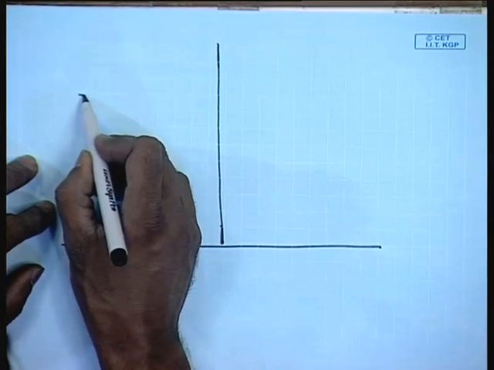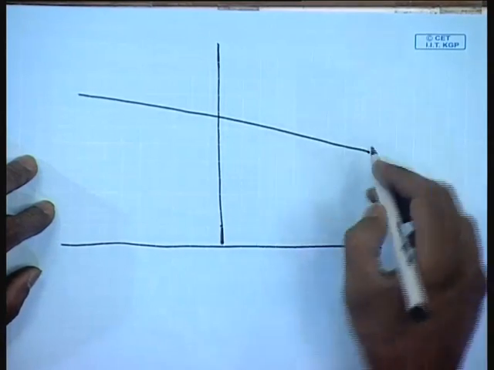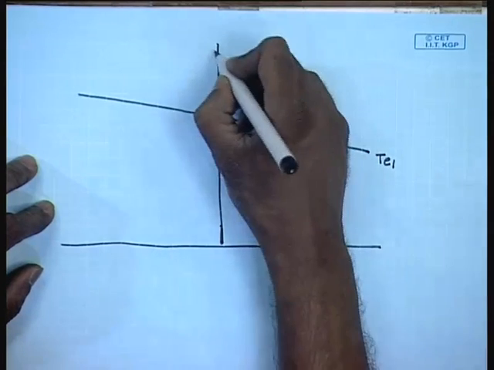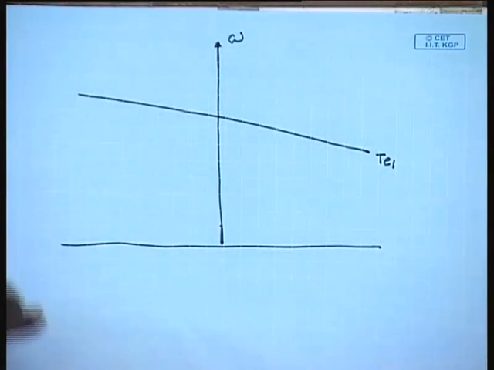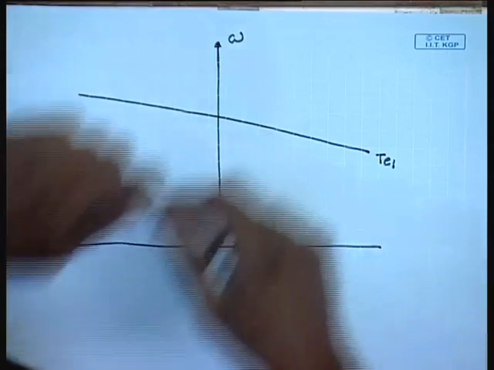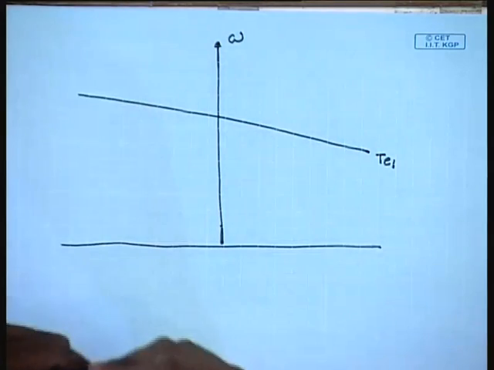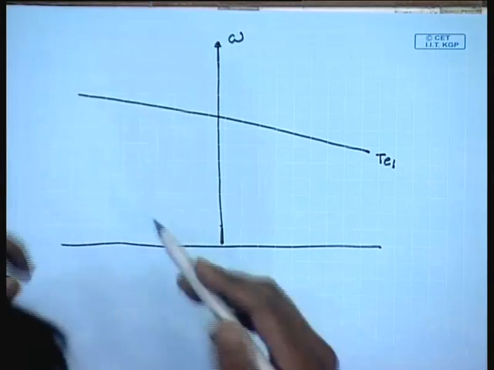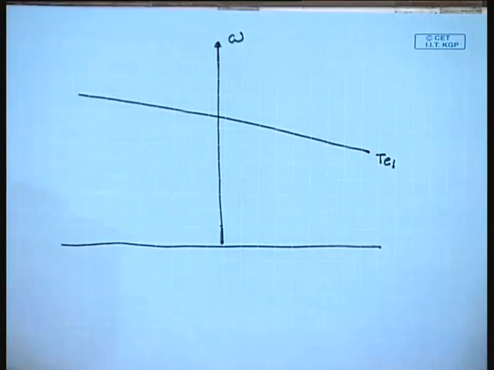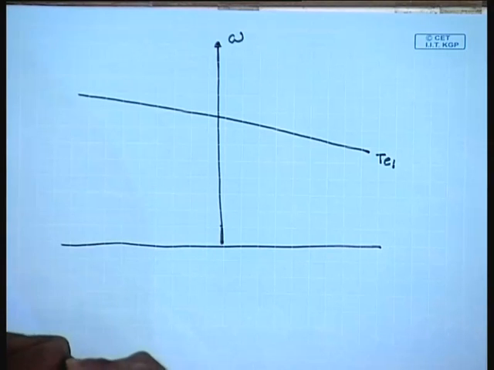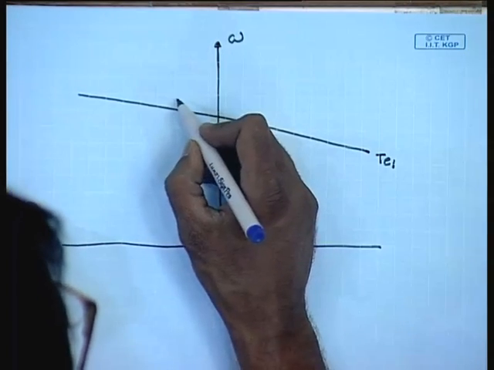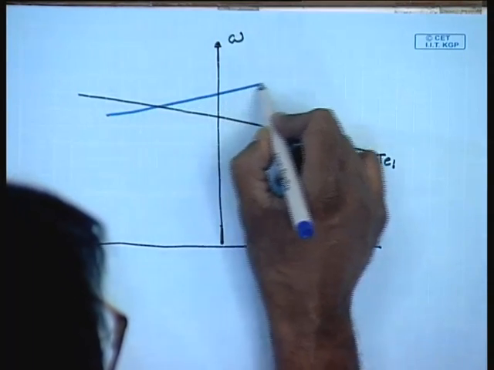so this is Te1, then I plot minus Te2, it will be something like this.